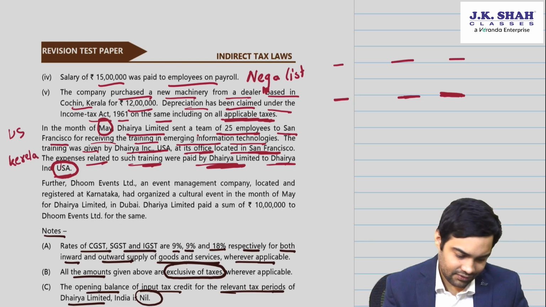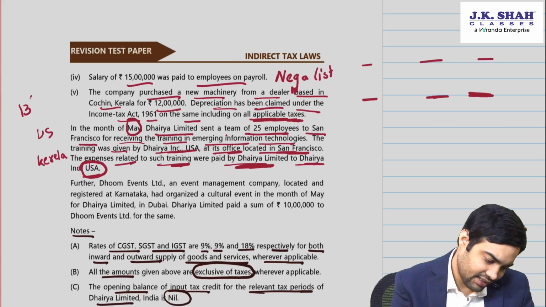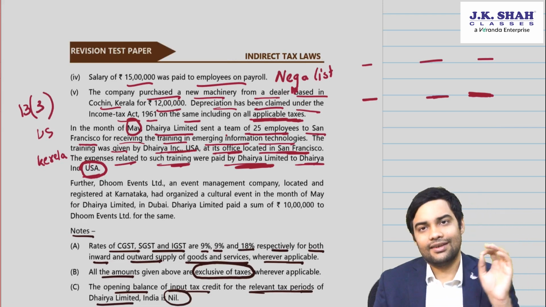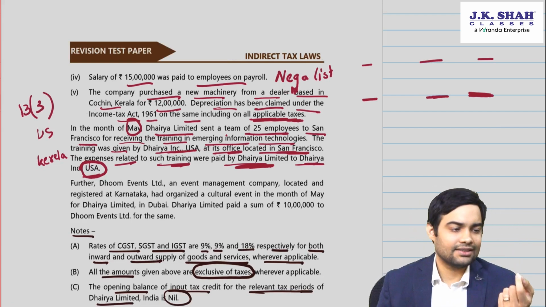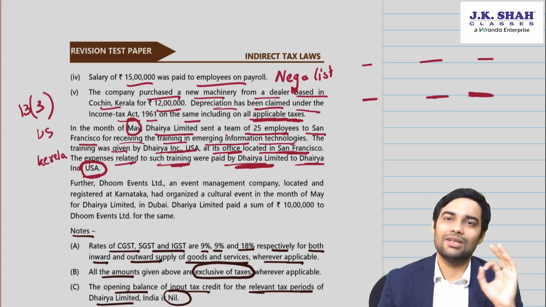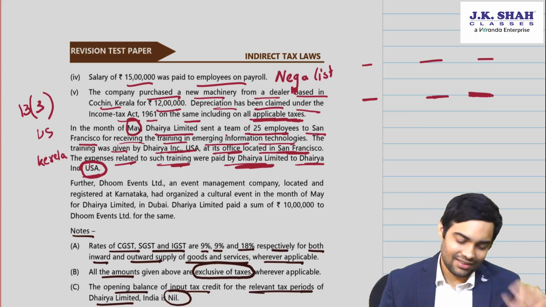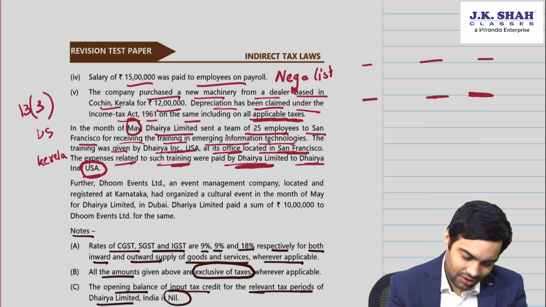What would be the place of supply for training services? It's a performance based service. Section 13 subsection 3 of IGST Act clearly states that if the service is a performance based service, then the place of supply will be where the service is performed. Where is the service performed? The service is performed in US.